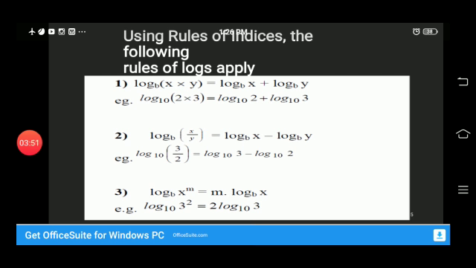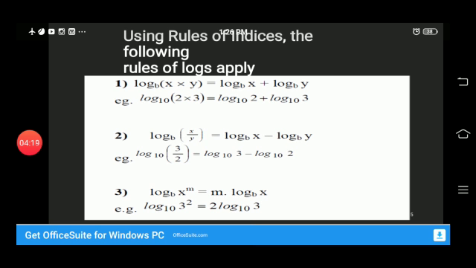In logarithm, we will mostly talk about log of base 10. So log of 2 cross 3 is equal to log of 2 plus log of 3, because when two numbers are multiplying, they are added in separate logs.